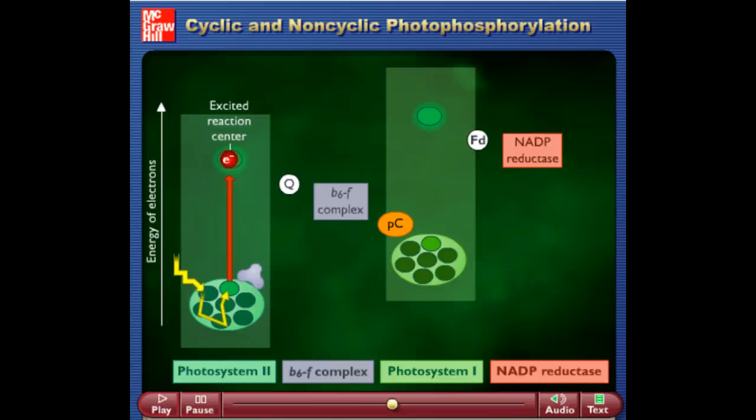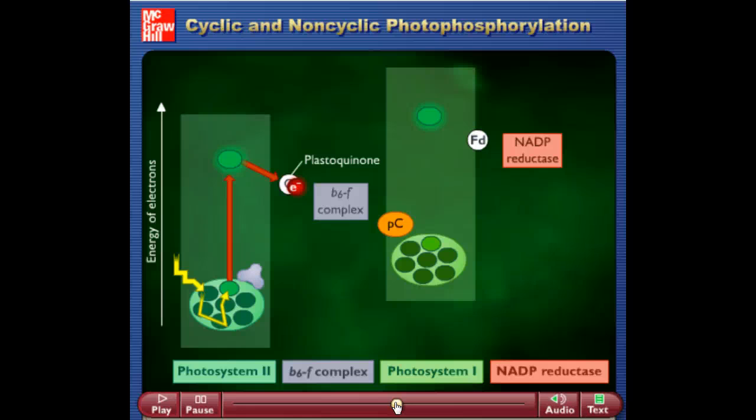All right, now we run into our first enzyme in this process called Plastoquinone. So we're going to see our electron now make its first step down this electron transport chain. So Plastoquinone is an enzyme, right? It's an electron acceptor. So we're ready to write step 3.